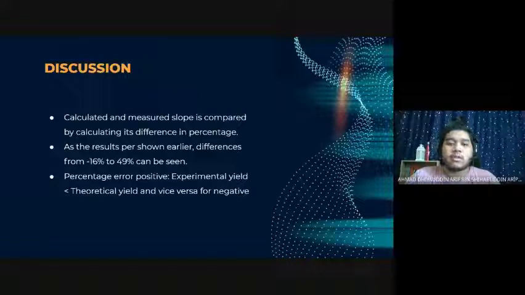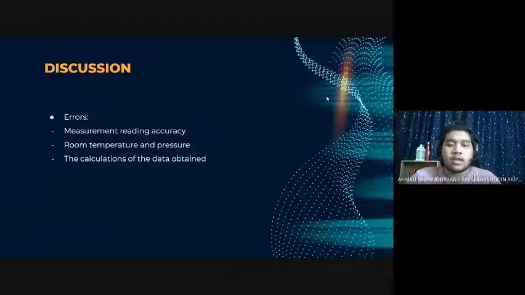For the positive percentage error, experimental yield is smaller than theoretical yield, and for negative percentage error, vice versa: experimental yield is larger than theoretical yield. The errors mentioned earlier consist of these three: measurement and reading accuracy, room temperature and pressure, and error in calculations of the data obtained. Thank you.